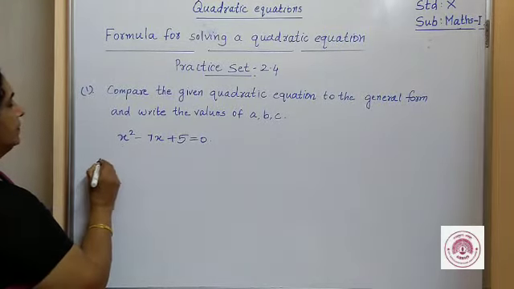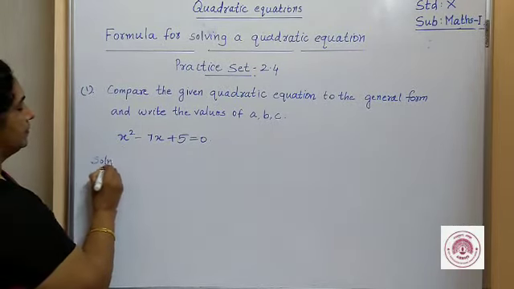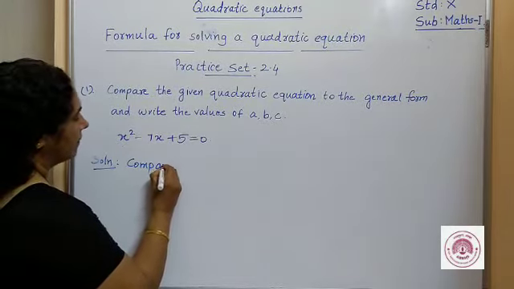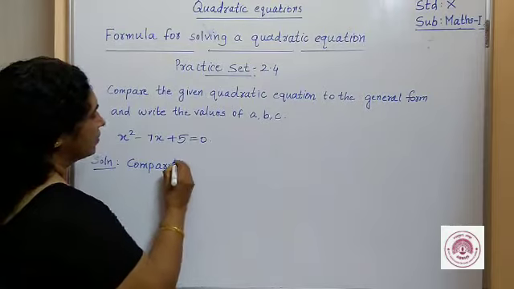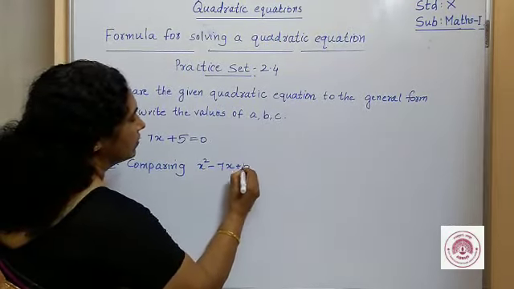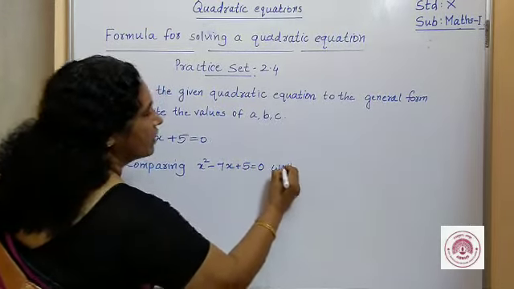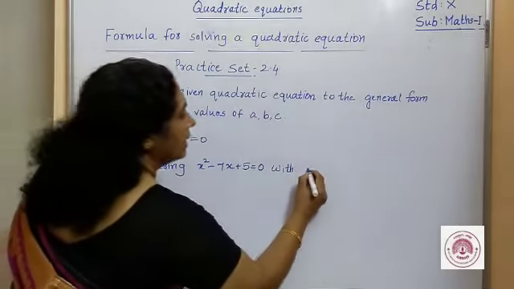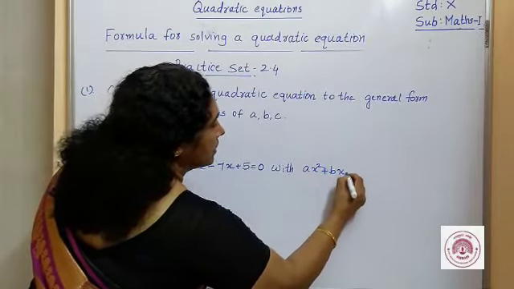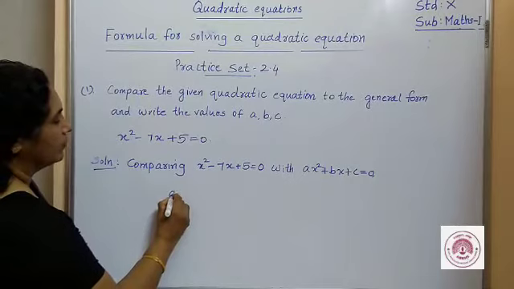Solution. Comparing x square minus 7x plus 5 is equal to 0 with the standard form of the quadratic equation, that is ax square plus bx plus c is equal to 0, we get a is equal to.